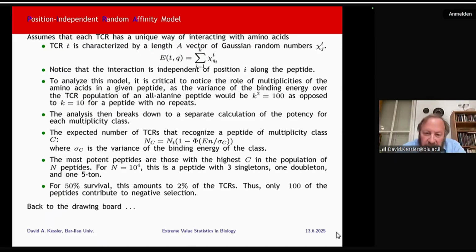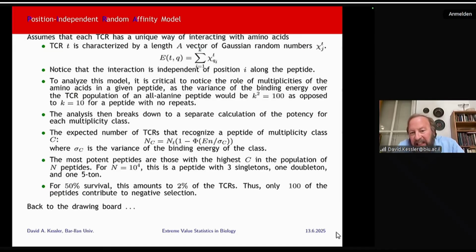So each TCR interacts differently with each of the amino acids. A TCR is now characterized by this set of 20 different values of psi A, psi Q, the interaction of this particular TCR with each of the amino acids it might see in a peptide. And notice again that it's independent of position. It's just a linear sum over position.